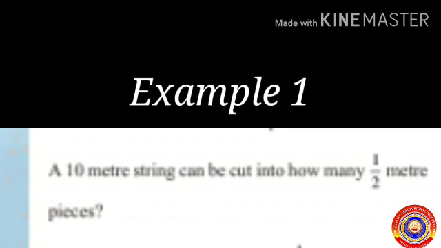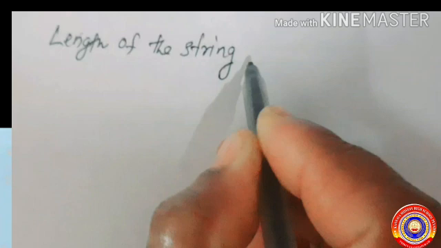Let's do an example. A 10-meter string can be cut into how many half-meter pieces? Here, the total length of the string is 10 meters. We have to find the number of pieces each having half-meter length.